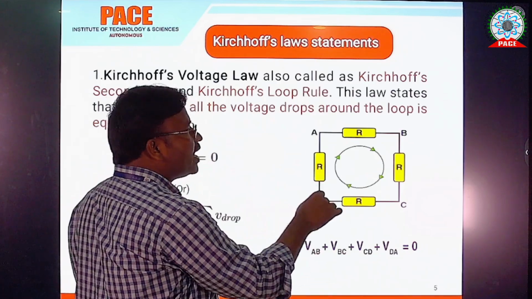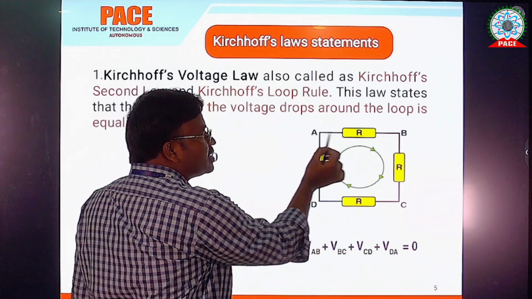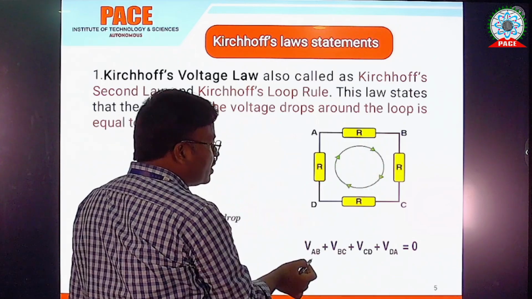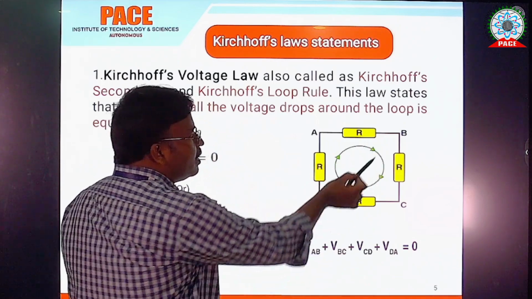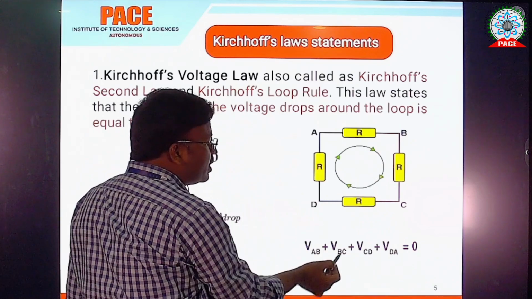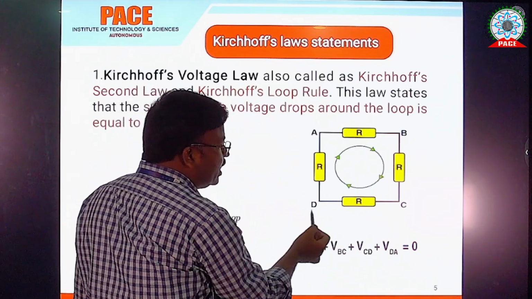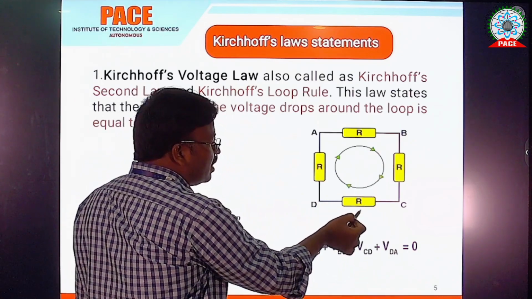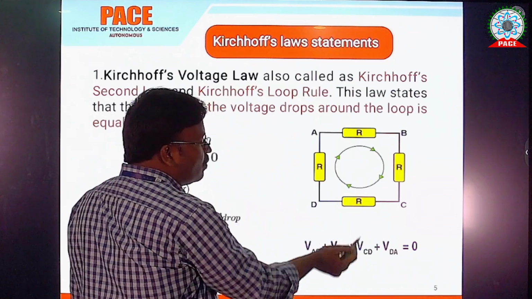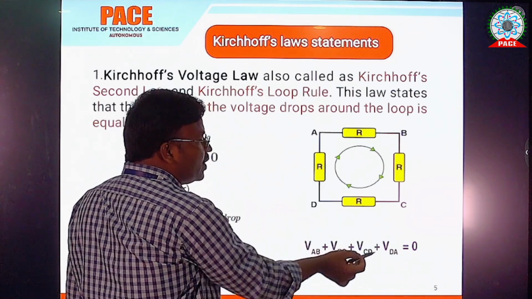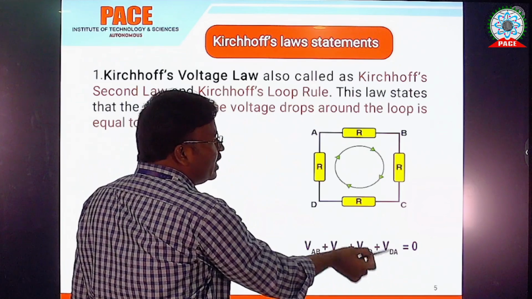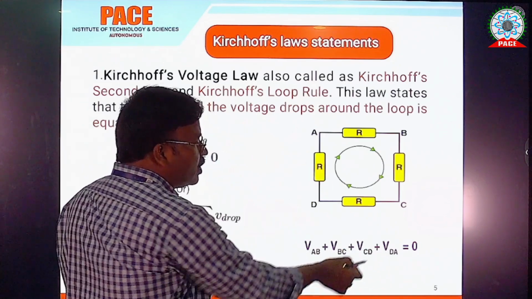So we can write the voltage drop across AB, that is VAB, across BC, that is VBC, and across CD, that is VCD. The voltage drop across the last resistor is VDA, and the sum equals 0.